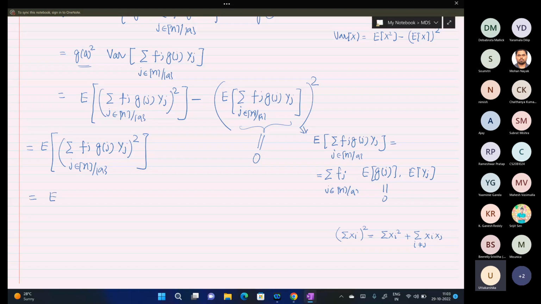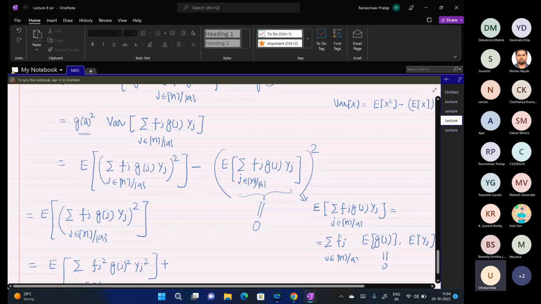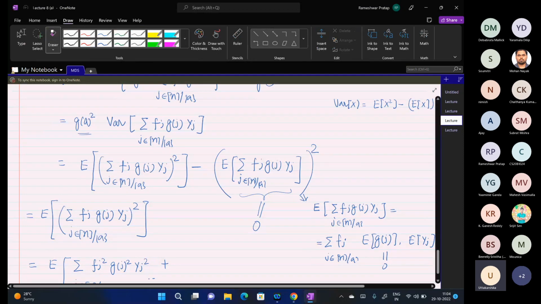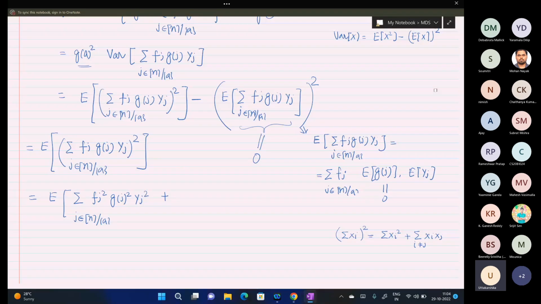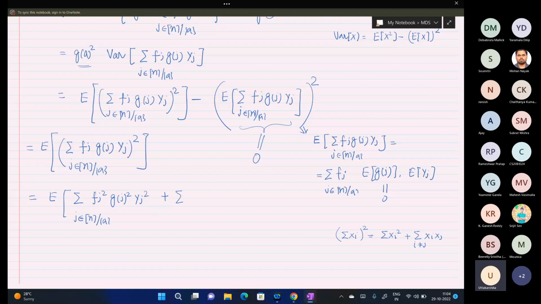This is the expected value of sigma fj square, gj square, yj square, for j in n minus a, plus, using another index, the same way I'm expanding it over here, sigma j not equal to l, Fj, Fl, Gj, Gl, Yj, Yl.